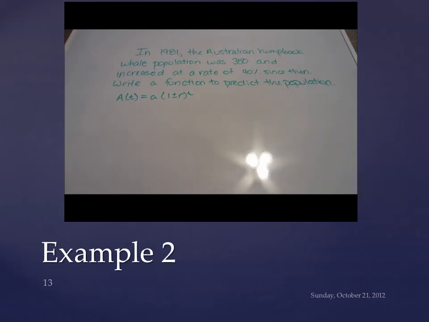In 1981, the Australian humpback whale population was 350, and it increased at a rate of 40% every year since then. We want to write a function to predict the population. So we take our A of t equal to A times 1 plus or minus r to the t, and we're going to use that equation to find out what the population would be.